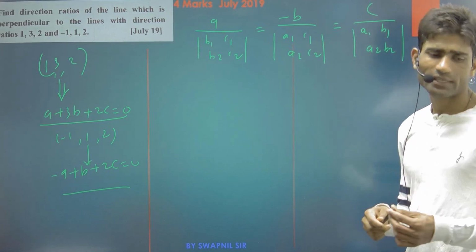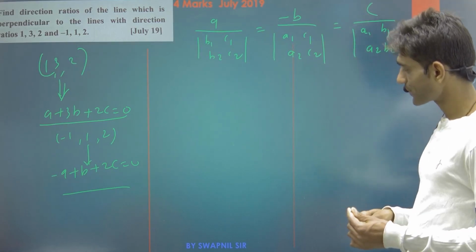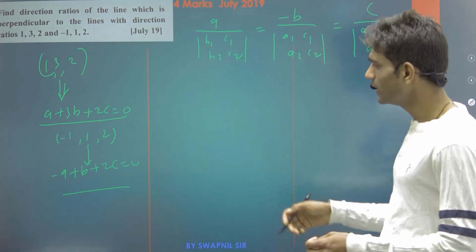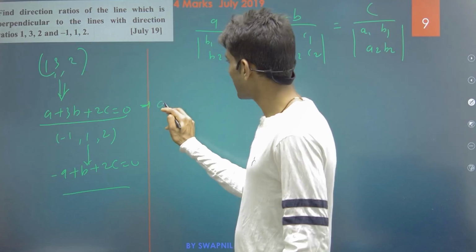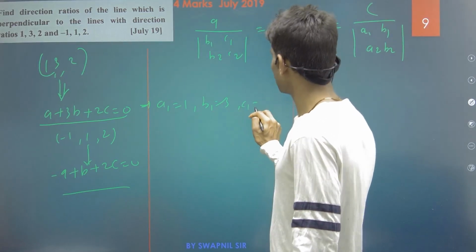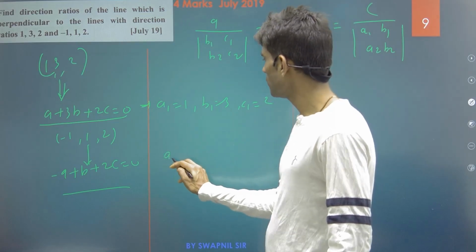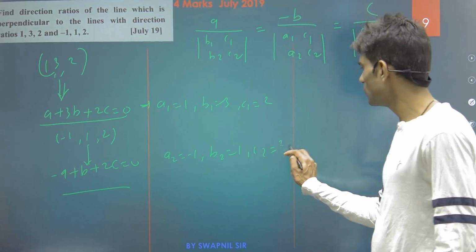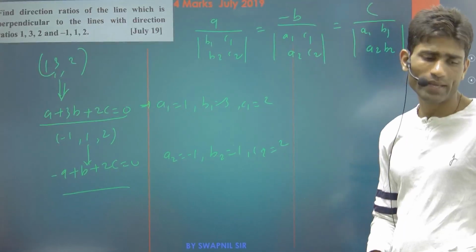We need to substitute the values for A1, B1, C1, A2, B2, C2. So A1 is equal to 1, B1 is 3, and C1 is equal to 2. Similarly A2 is minus 1, B2 is equal to 1, and C2 is equal to 2.